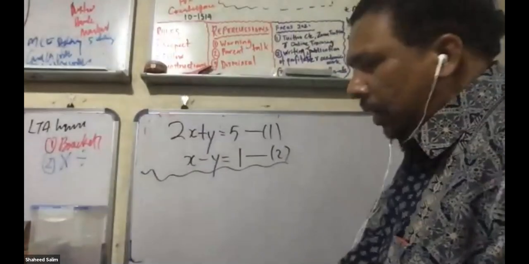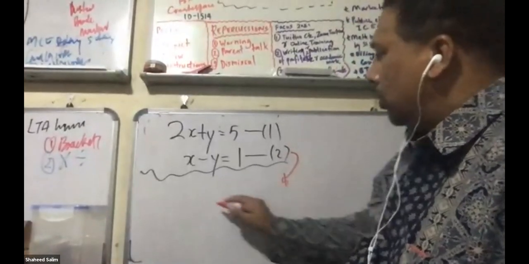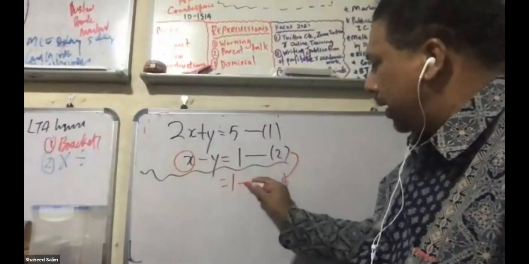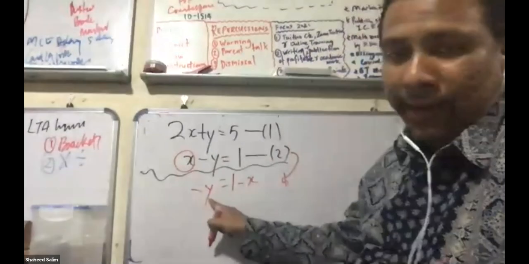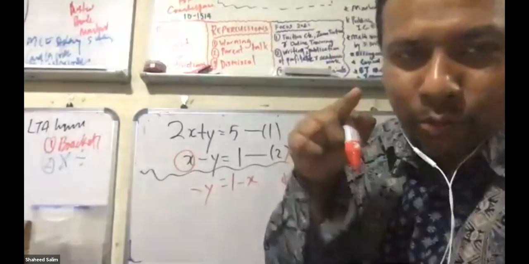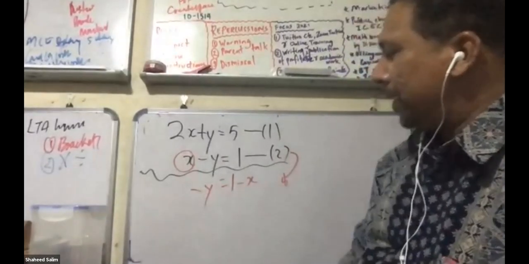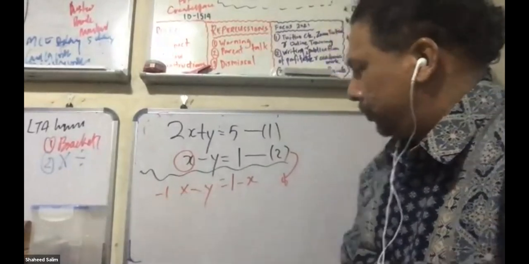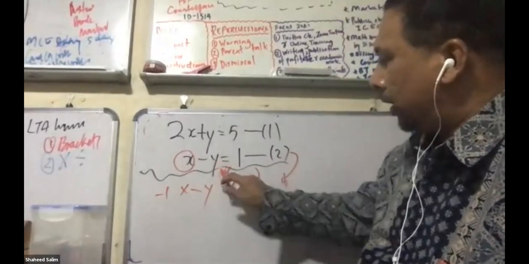Okay, Ryan, this one, and maybe the rest also, just be careful. When you bring the x over to that side, it becomes 1 minus x, correct? But you are left with minus y, not y. How to get rid of the minus? You can times the whole thing by -1, or you just put the negative outside the bracket.